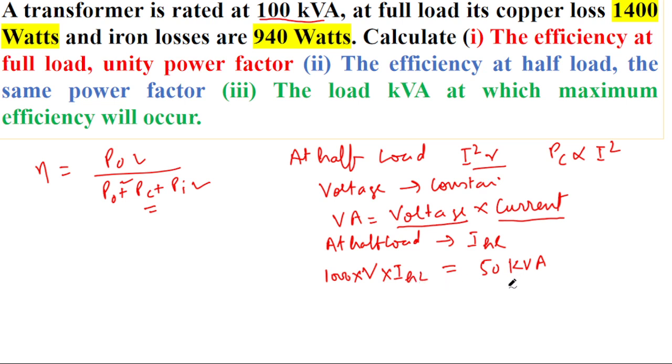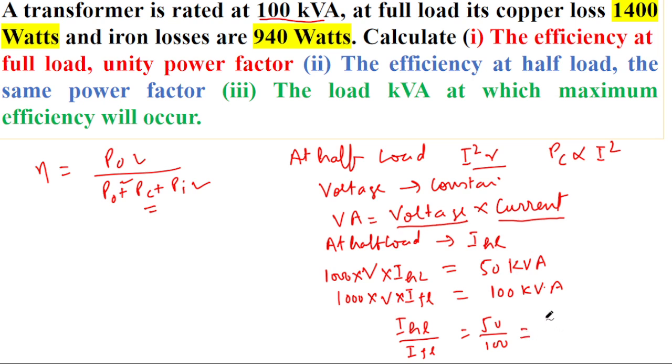And we know that 1000 into V into IFL is equal to 100 kVA at full load. If you divide these two equations, it will become IHL divided by IFL, because everything else is constant. It will become 50 divided by 100, or 1 by 2.